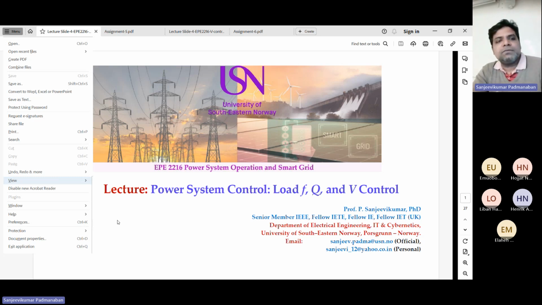For example, in case of a motor, we need to keep the speed constant. What is required? The frequency needs to be kept constant because the speed of your motor is decided by 120 f by P. So P is the fixed poles of the motor. We don't change that. But think about the frequency. If you want a constant output speed, you have to fix your frequency to a constant value. So that's a simple example of why we want a constant frequency.